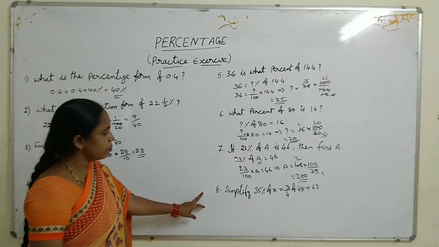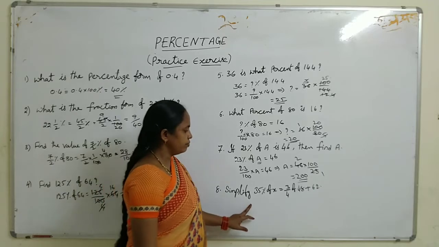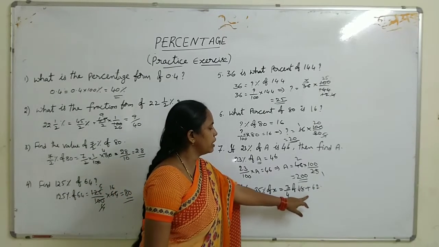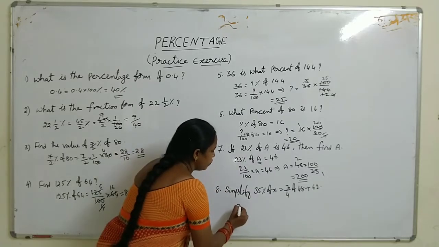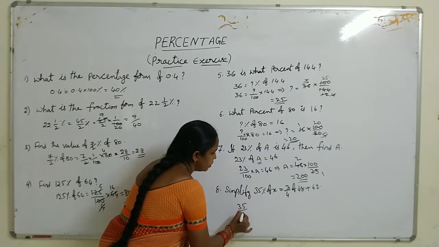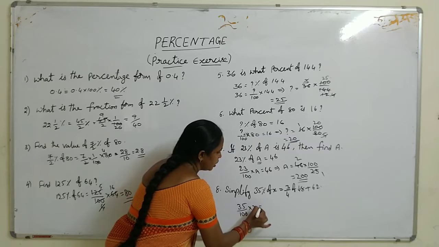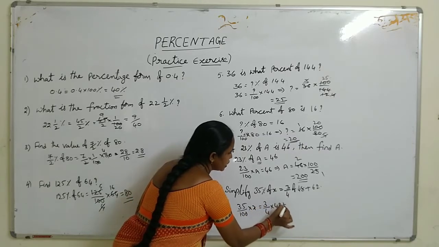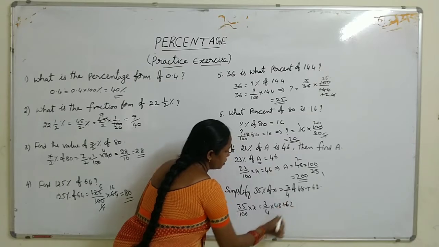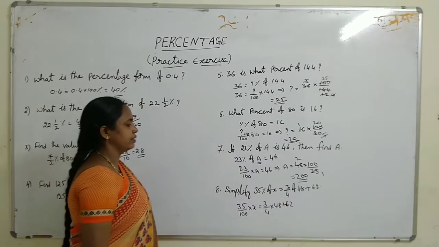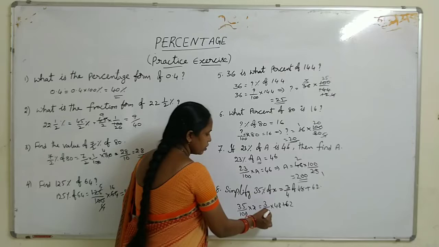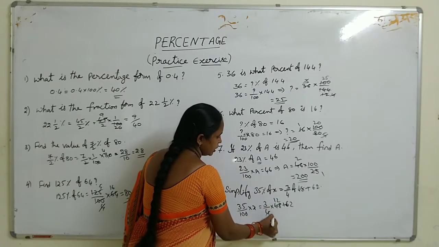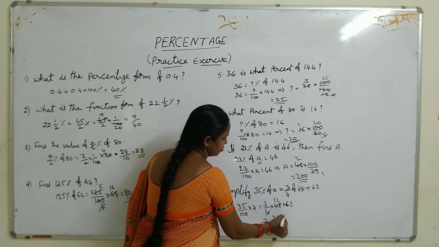Next, question number 8. Simplify 35% of x equals 3/4 of 48 plus 62. Simplify means here 3/4 of 48 is 36 plus 62.